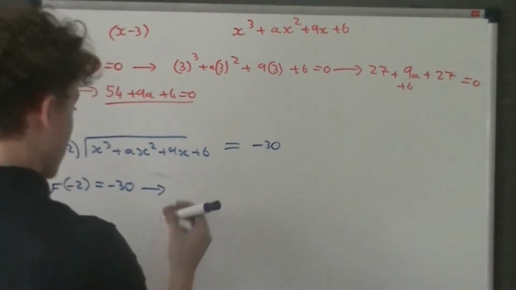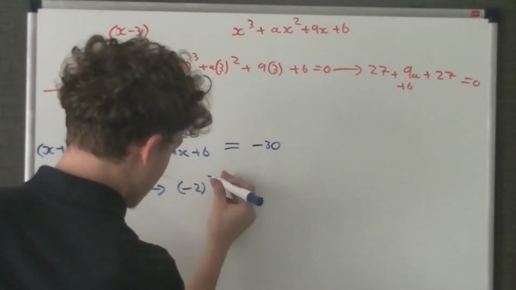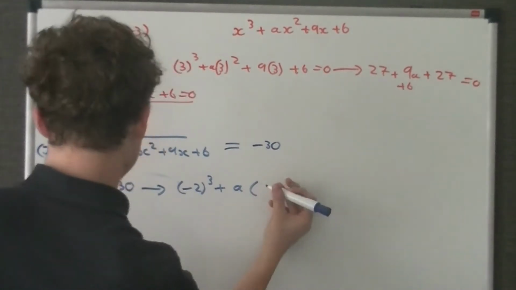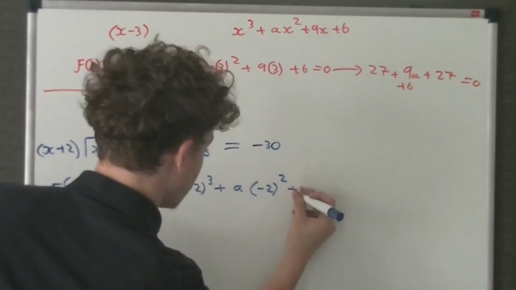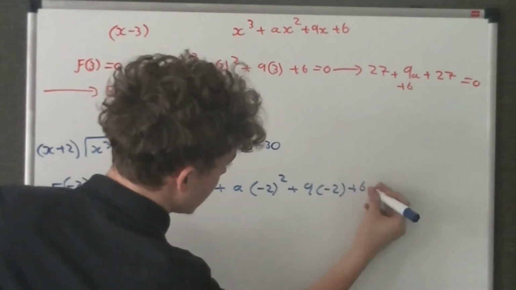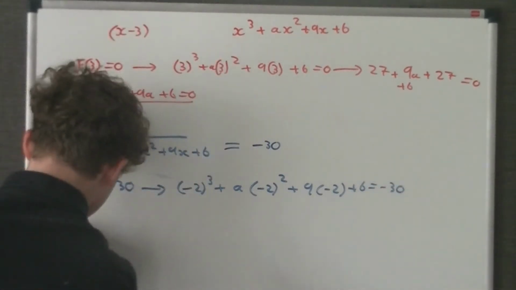So basically polynomials. So minus 2 cubed plus a times minus 2 squared plus 9 times minus 2 plus b equals negative 30. Simplify this down.